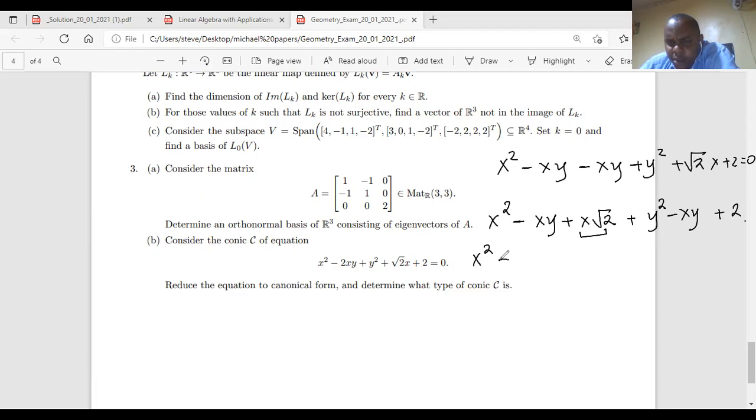So this is going to be minus y minus square root of 2 x plus something that completes the box. Then we're going to have y squared minus xy plus some box plus 2 equals 0.